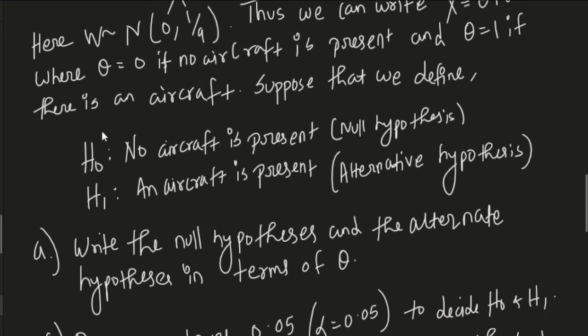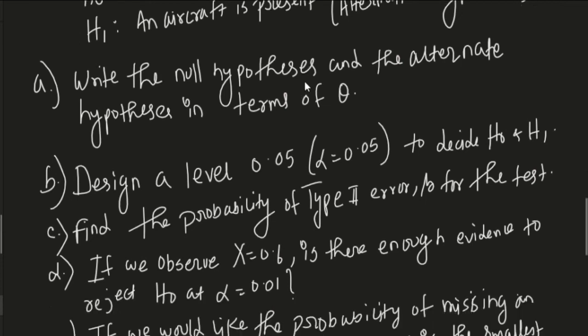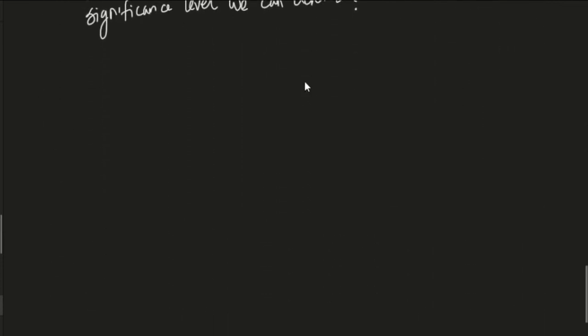Now suppose that we define the null hypothesis H naught as no aircraft is present, while the alternative hypothesis H1 is that an aircraft is present. Now the questions. Let's go for number 1. Write the null hypothesis and the alternative hypothesis in terms of theta. So the simple hypotheses are as follows.